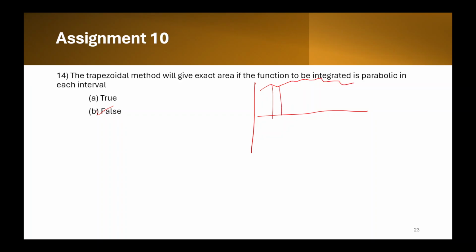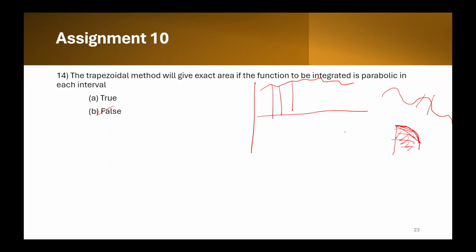Suppose this is a section of the curve and you zoom in on this section, and this is the interval basically. So you are basically calculating this area, but the area that needs to be calculated between this interval is this. So you are underestimating the area.